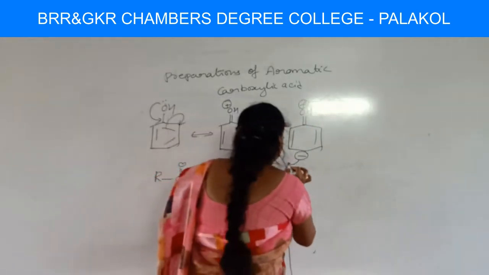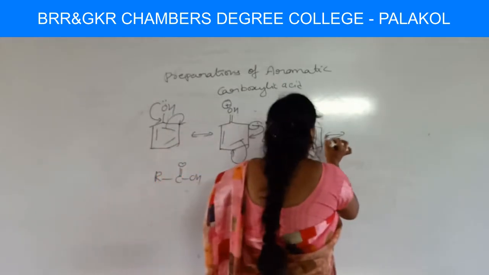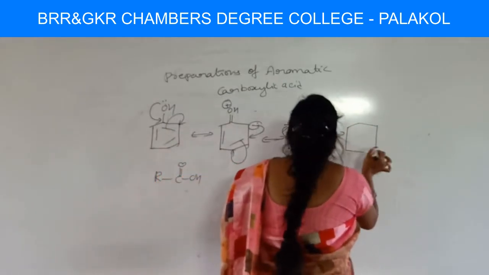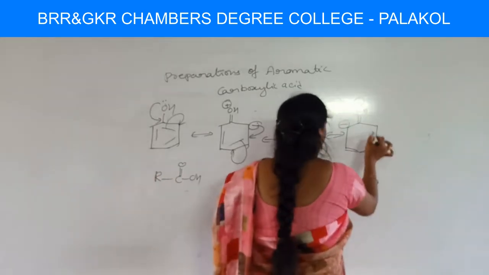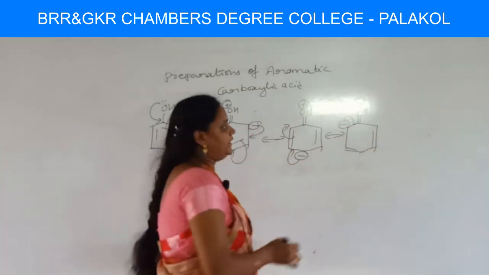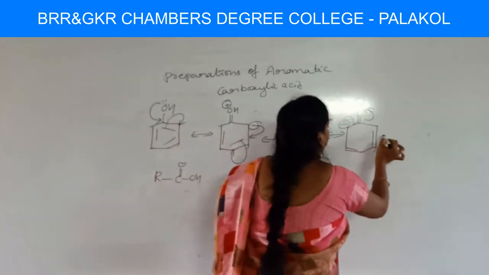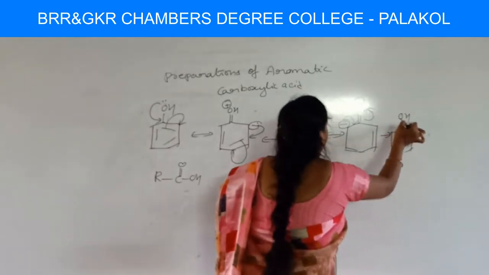In the next case the minus charge again becomes a bond and the bond becomes a minus charge. You will get double bond OH plus, a minus charge here, bond here. And in the final step, this minus charge becomes a bond here and you will get phenol again.